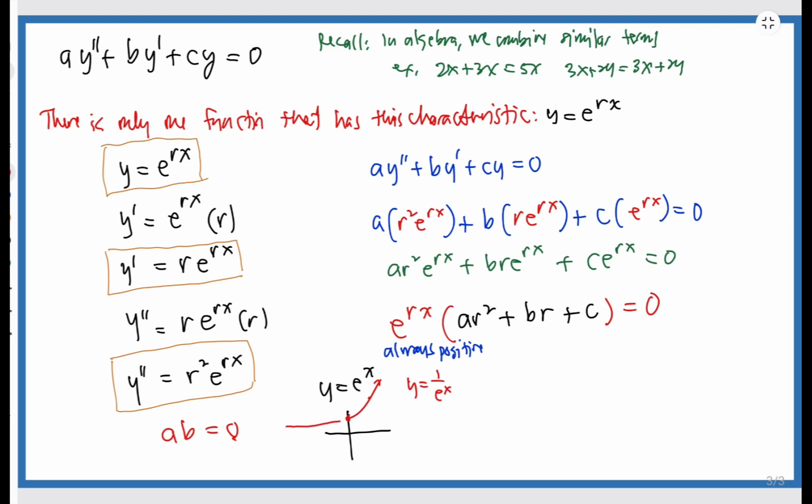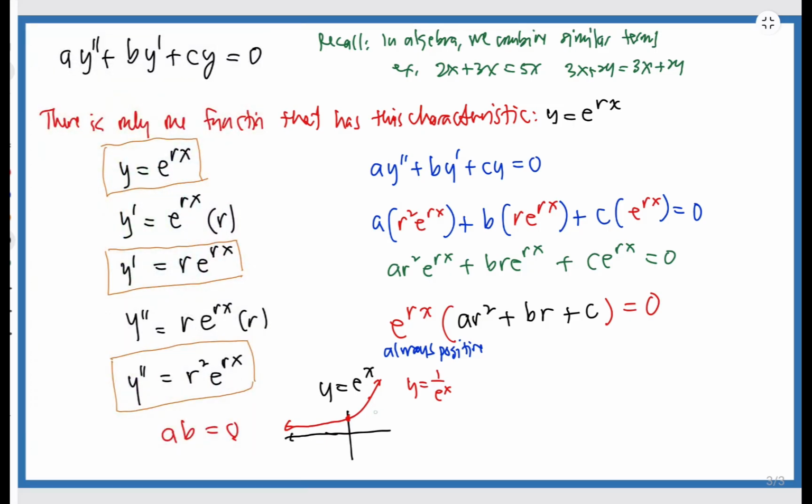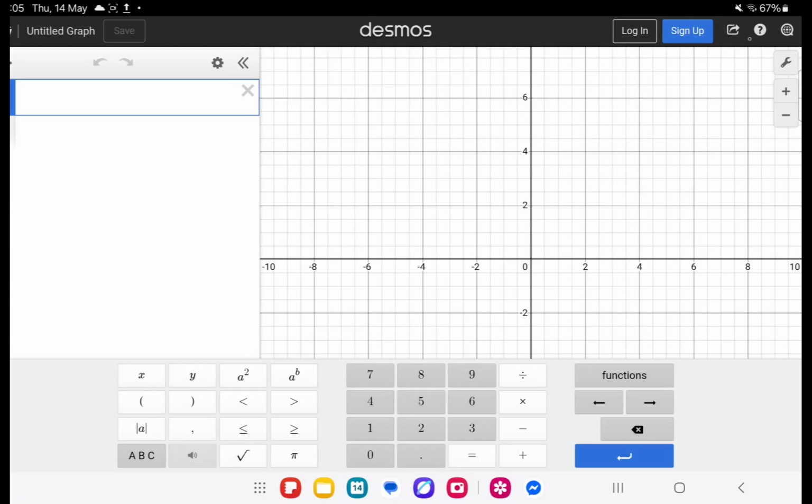So the graph looks like this, and it is asymptotic to the x-axis. As you can see, y can never be 0.